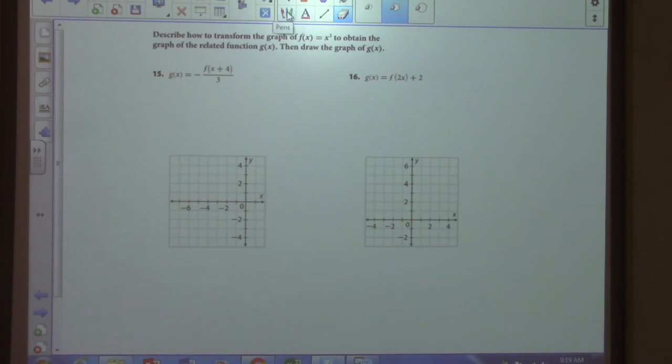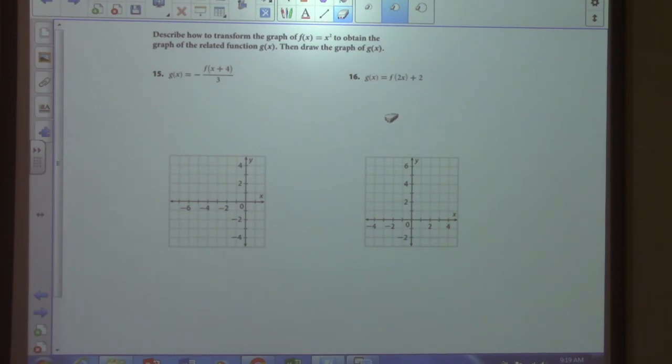Okay, now we are to 15 and 16. Describe how to transform the graph of f of x equals x squared to obtain the graph of the related function g of x. Now, what is this related to that I talked about yesterday? In fact, it was in red that I wrote.